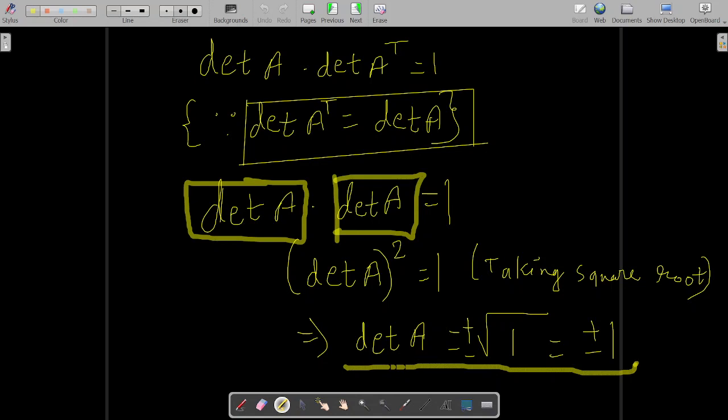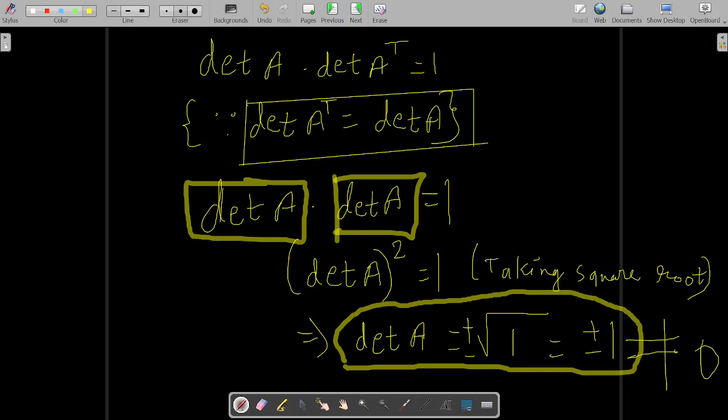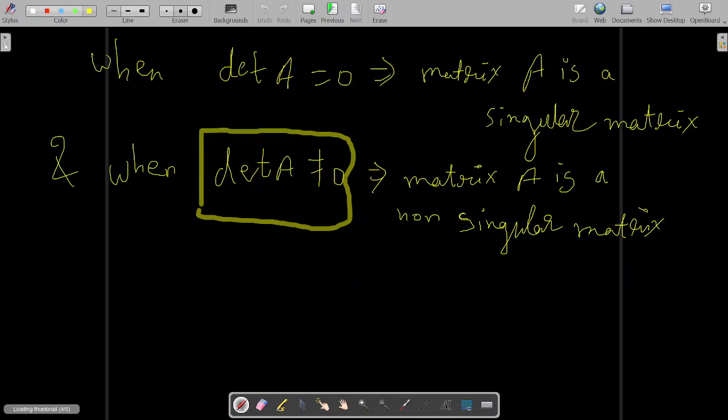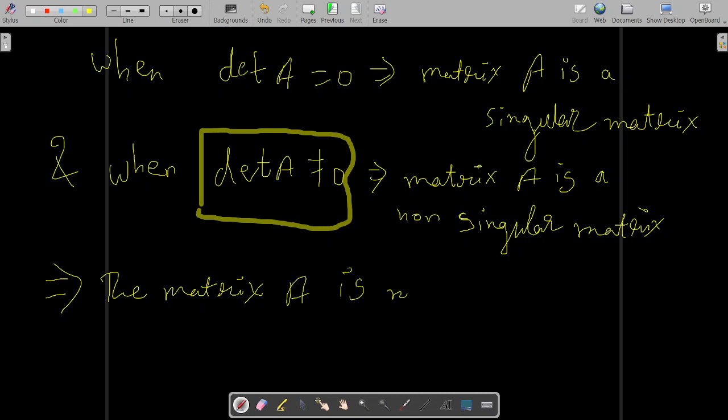Determinant A has come out to be equal to plus minus 1, so clearly it is not equal to 0. That implies that the matrix A is non-singular.